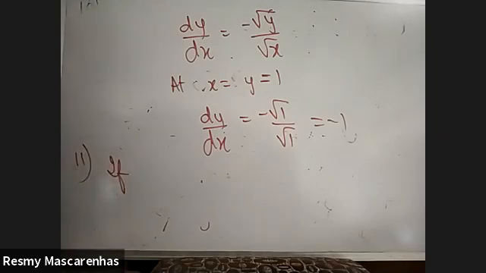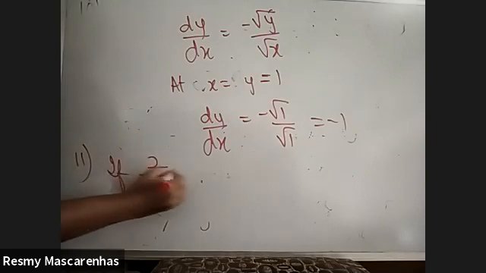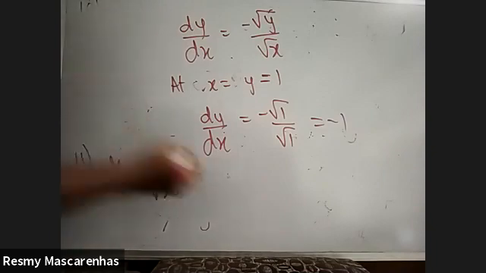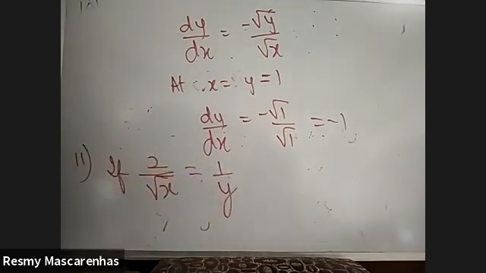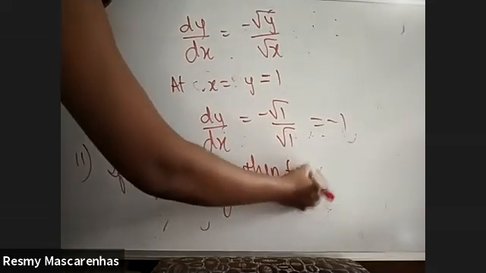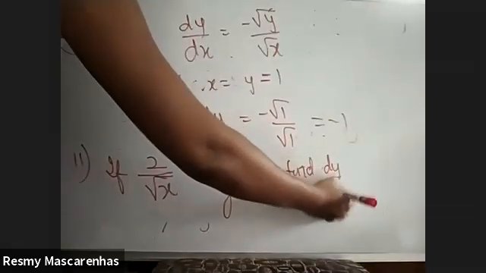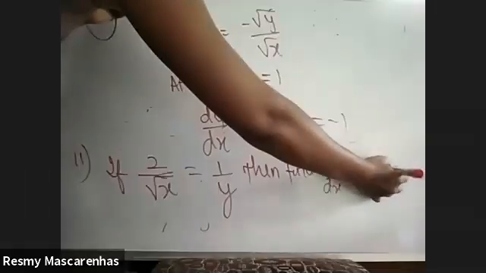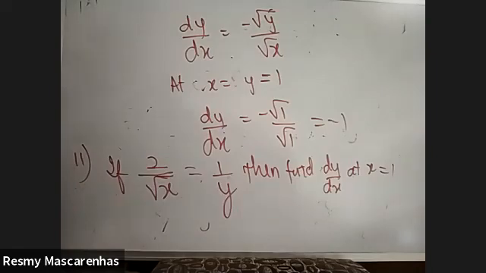If 2 upon root x is equal to 1 upon y, then find dy by dx at x is equal to 1. 2 root x is equal to 1 upon y.